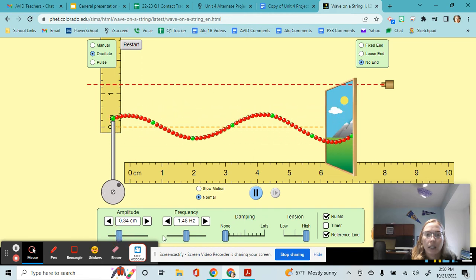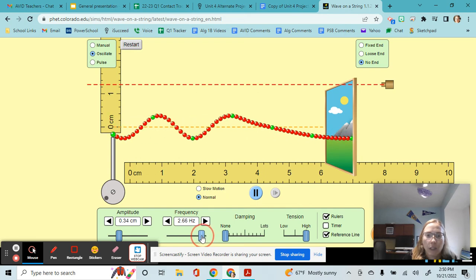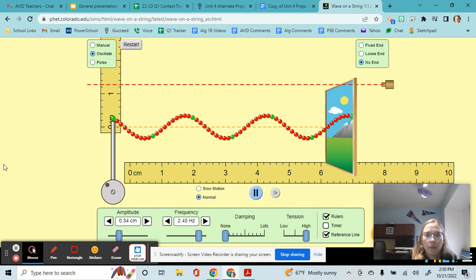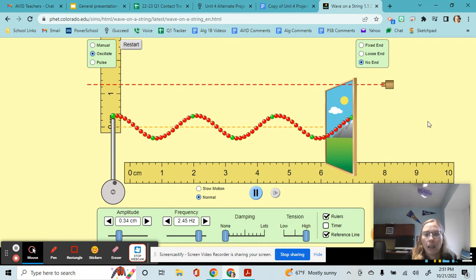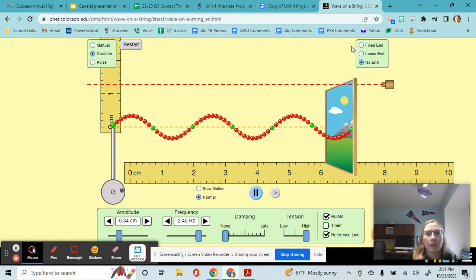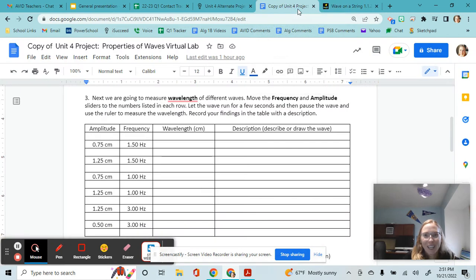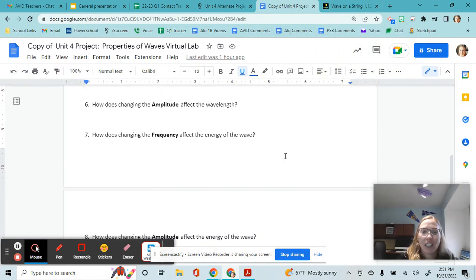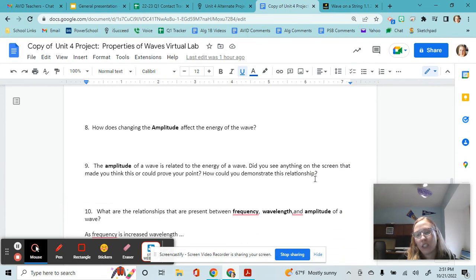See how they interact, see how the amplitude, maybe having a low amplitude and a high frequency affects. Maybe do they affect each other? Do they affect the wavelength? That kind of a thing. So you're the scientist here. You're discovering these things, seeing if you can understand how they relate to each other.